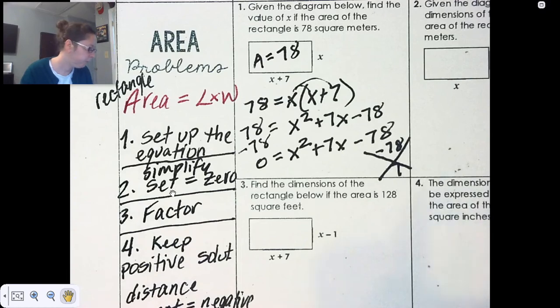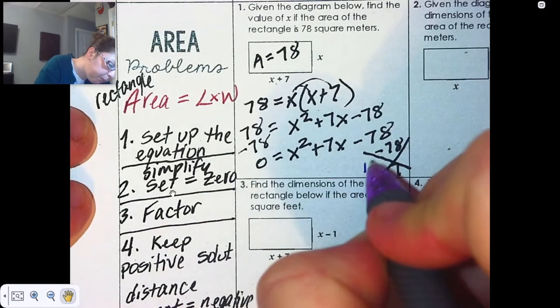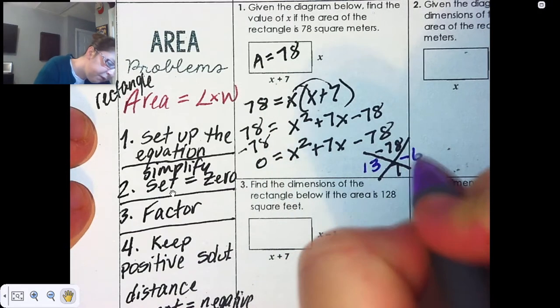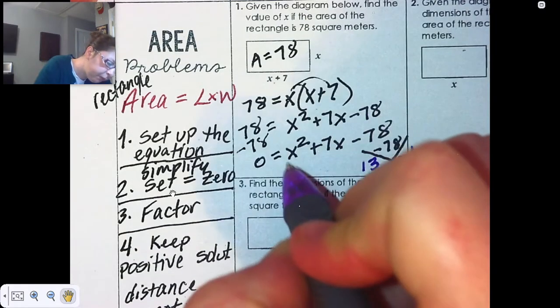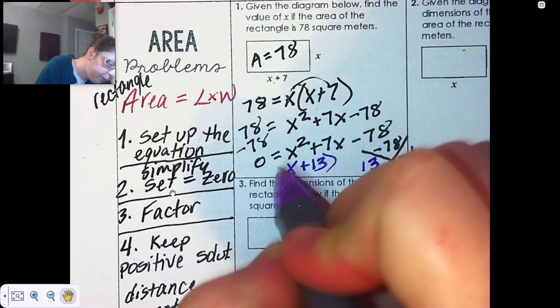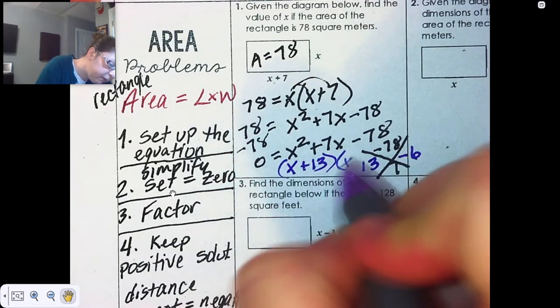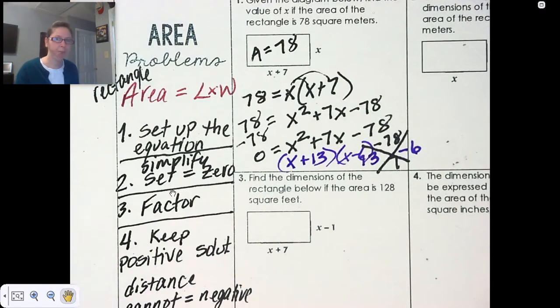And so the answer that I come up with is 13 times negative 6. 13 and negative 6 will give me 7, and if I multiply them together, it gives me the negative 78. So I'm going to write my factors. x plus 13, x minus 6.